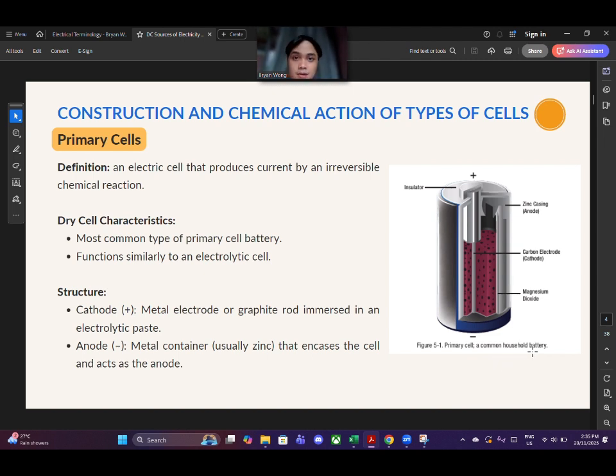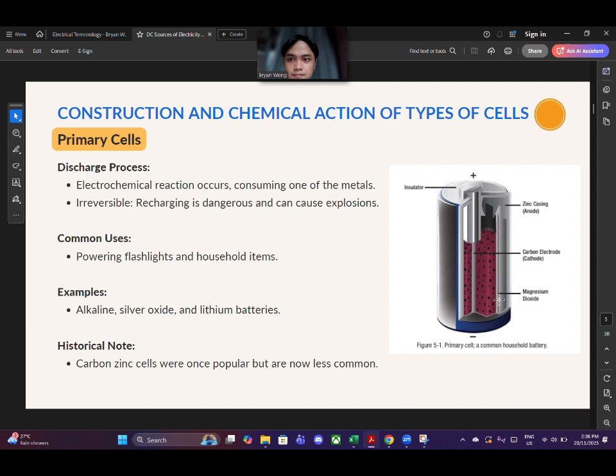Here the outer part is known as the insulator. Inside here is the zinc casing, which is the anode, meaning it's negative. And here the carbon electrode inside is known as the cathode. This material here is made up of manganese dioxide.